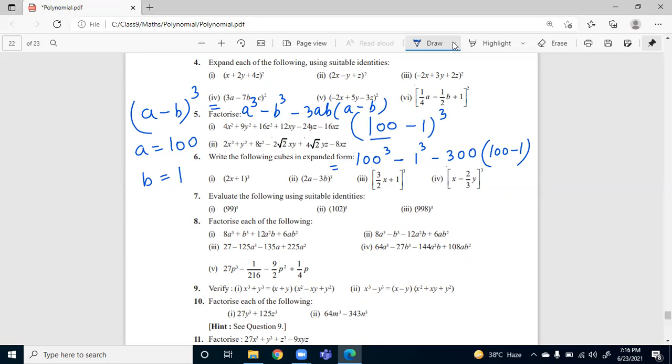So 100 cube means we need to put two zeros 3 times. So it is making 6 zeros minus 1. And if I multiply minus 300 with 100, I am getting 3 with 4 zeros, and minus 300 minus 1 will be giving me plus 300.